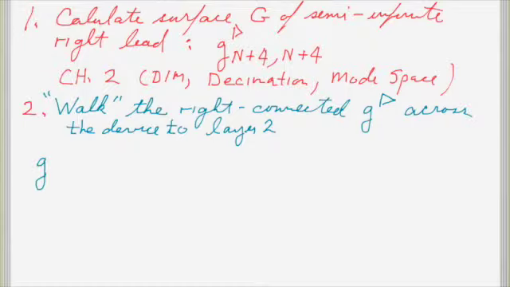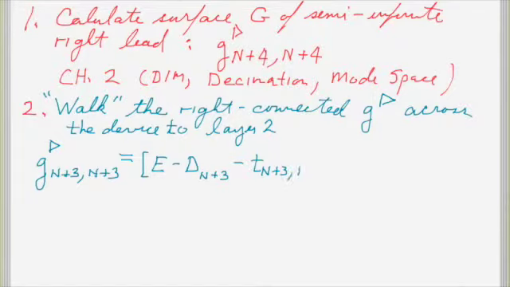So G right connected n plus 3, n plus 3 is equal to E minus D n plus 3, n plus 3, minus T n plus 3, n plus 4, G right connected n plus 4, n plus 4, T n plus 4, n plus 3, inverse. Now we're in the band bending region of the right lead. So we're moving into where things are changing as a function of layer number.